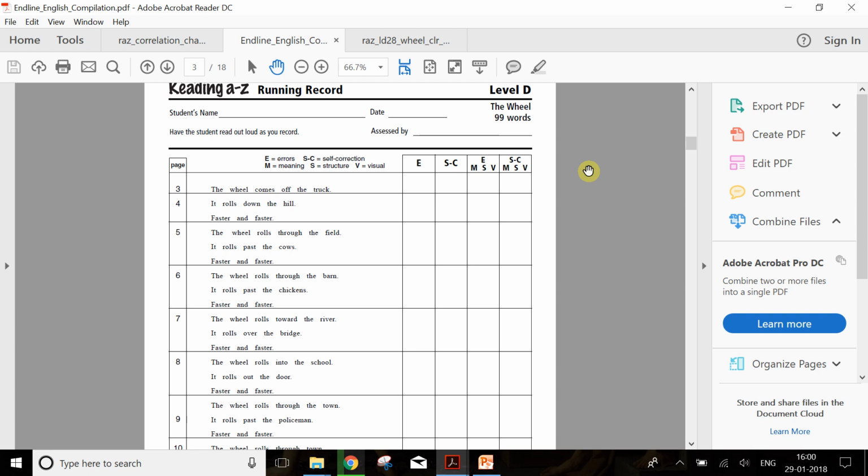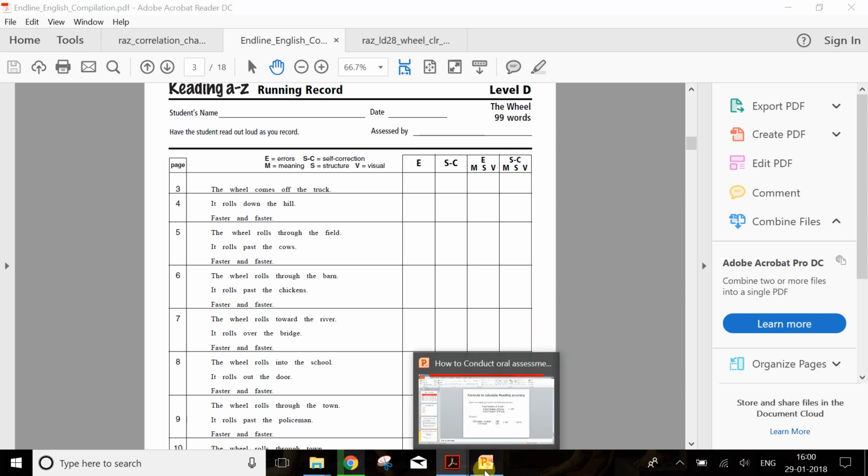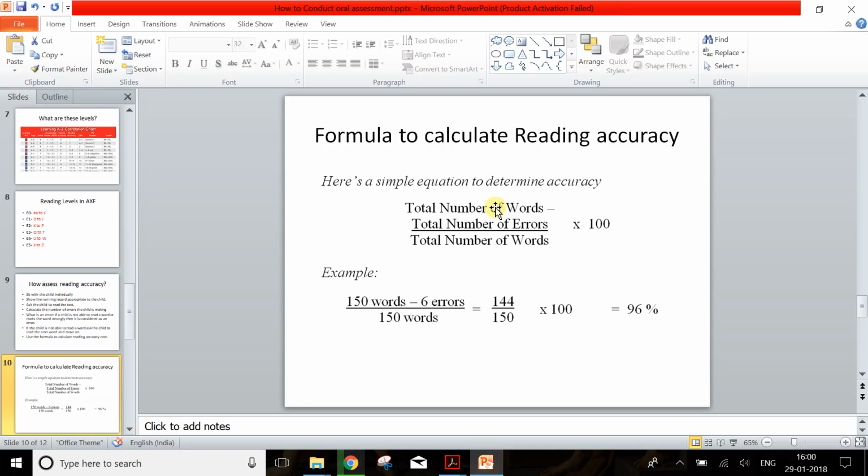So how we'll calculate is 99 total number of words minus 10 errors is 89. 89 divided by total number of words into 100. So here is an example. Imagine there are 150 words and the child has committed 6 errors. So 150 minus 6 by 150, 144 by 150 into 100. So the child's reading accuracy rate is 96%.